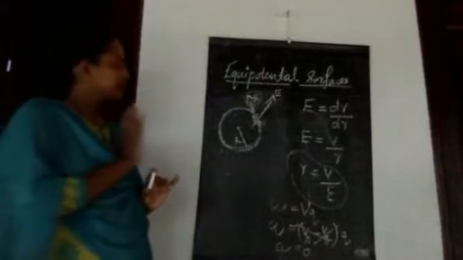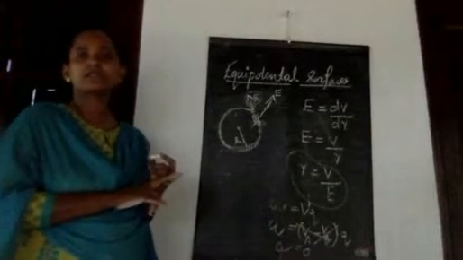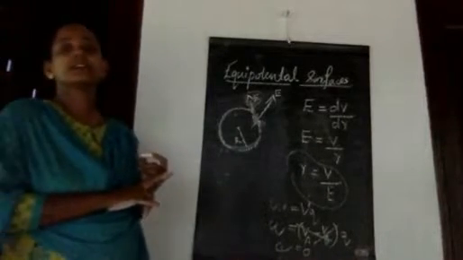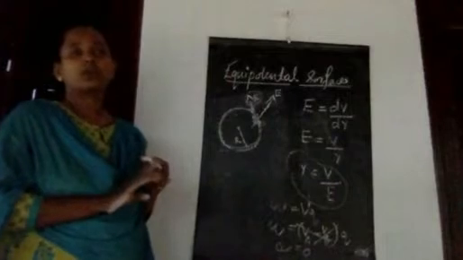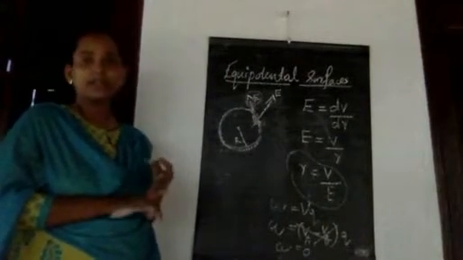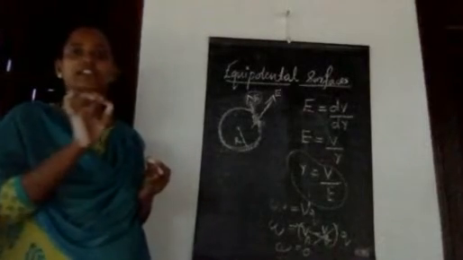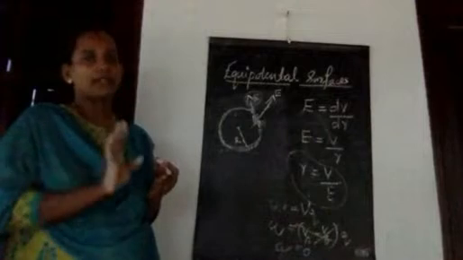And the basic properties: the first property, we studied that no work is done to move a charge through an equipotential surface. The second property is that at a given point on the equipotential surface, the direction of the electric field is always normal to it.